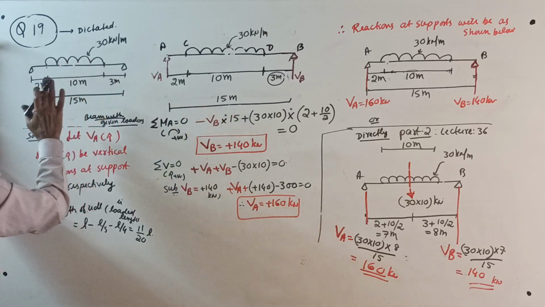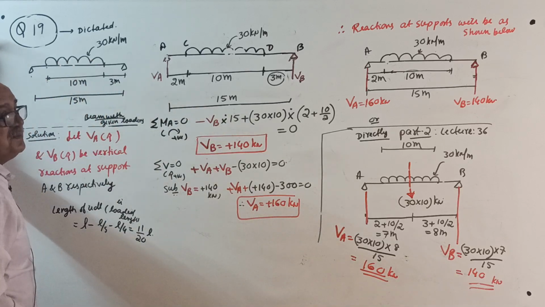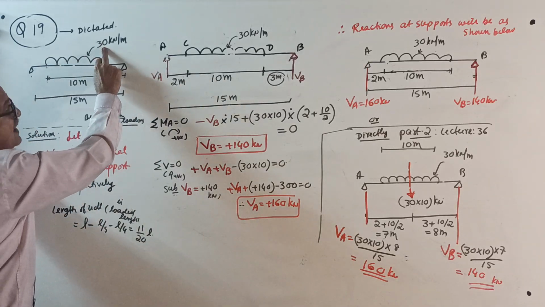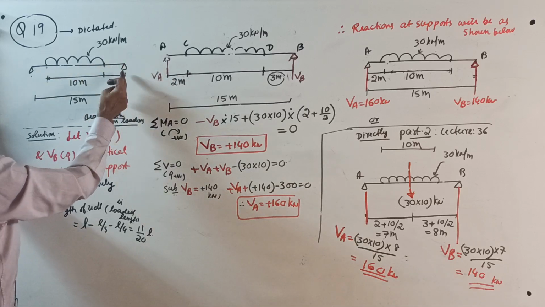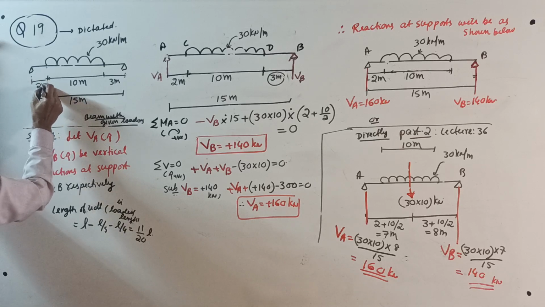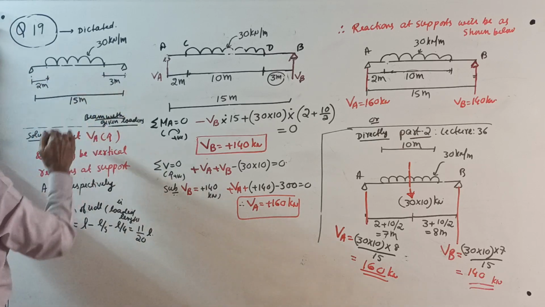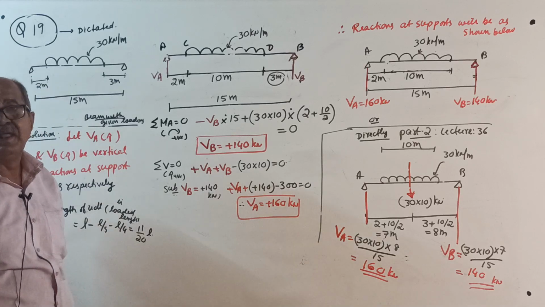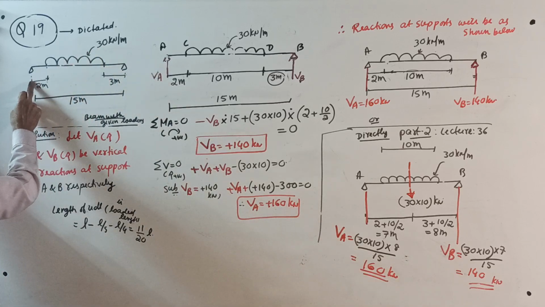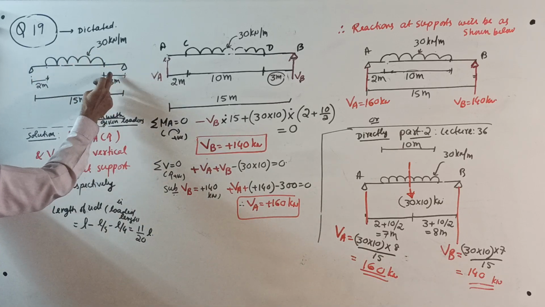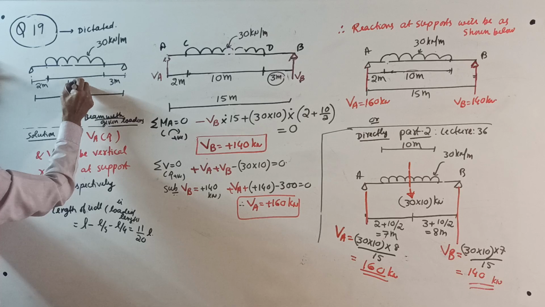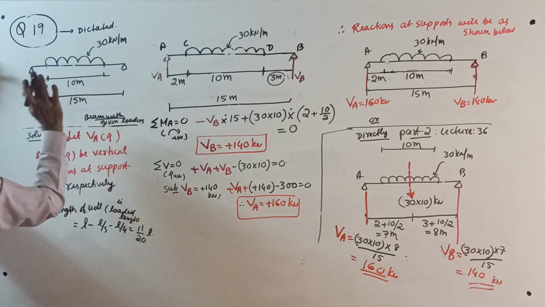Or the question can be given as: a simply supported beam of span 15 meter loaded by UDL of 30 kN per meter, 10 meter long, starting at 3 meter from right end. Then when you calculate, this will become 2 meter. Or they can tell: a simply supported beam of span 15 meter loaded by UDL of 30 kN per meter, starting at 2 meter from left end and ending at 3 meter from right end. Then using this data, you can find this 10 meter. But this is the given. Okay, this is the question.